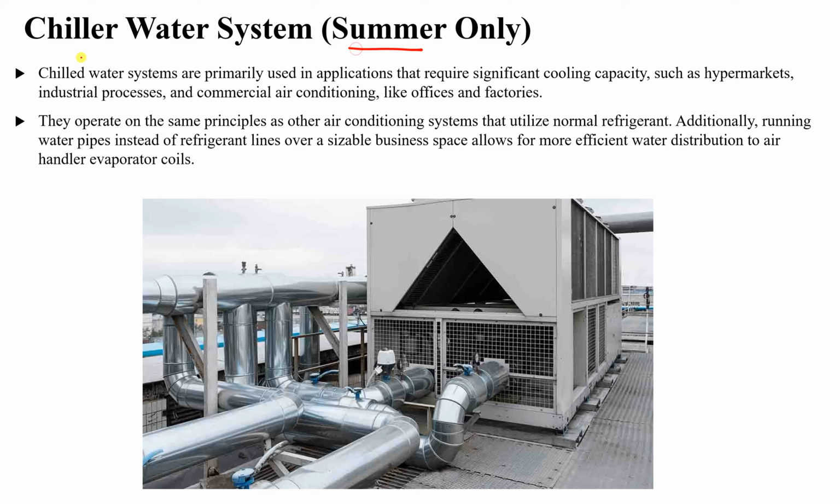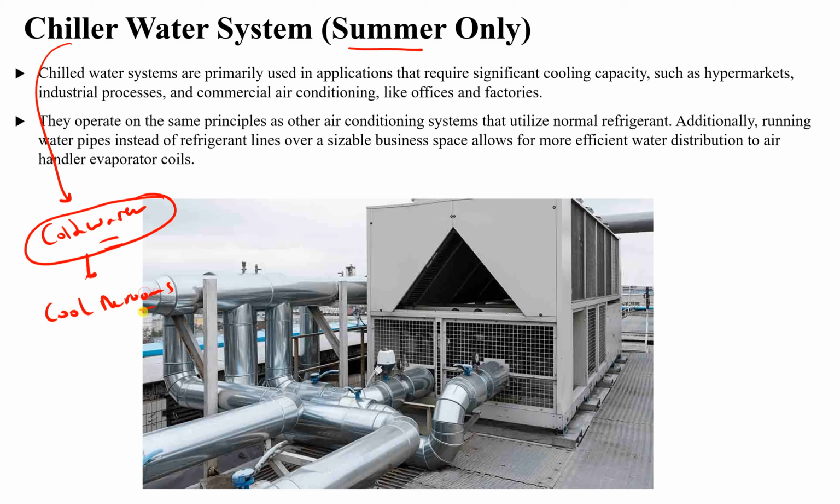Why? Because the chiller provides cold water to the building. Now, this cold water is used to cool the rooms inside the building itself. That's why it works only in summer. In winter, the chiller is not in operation.